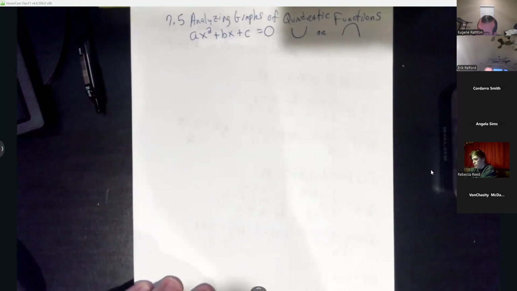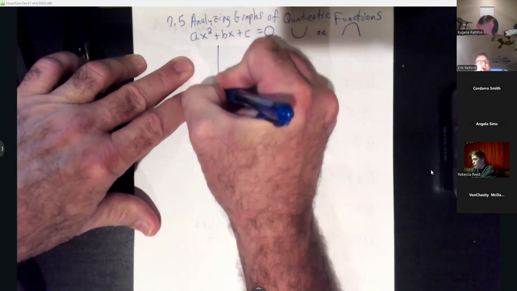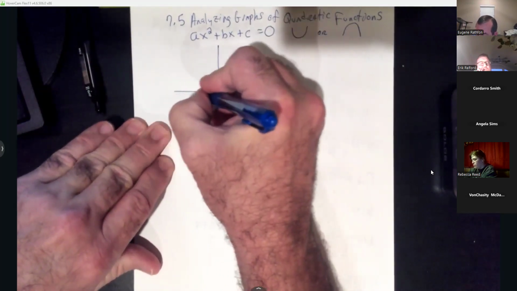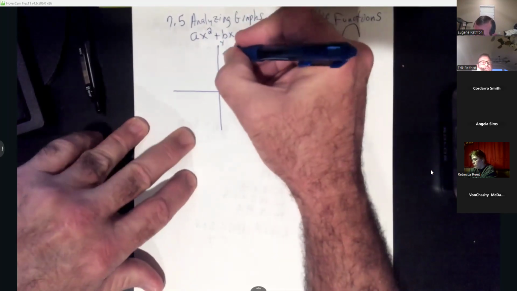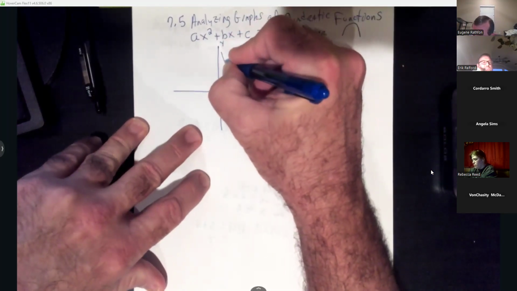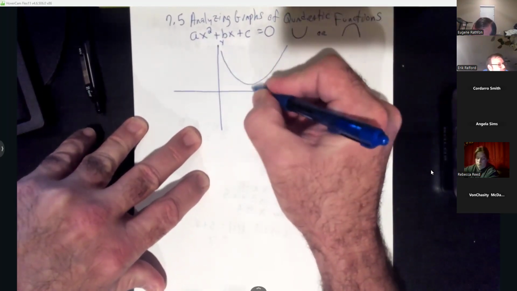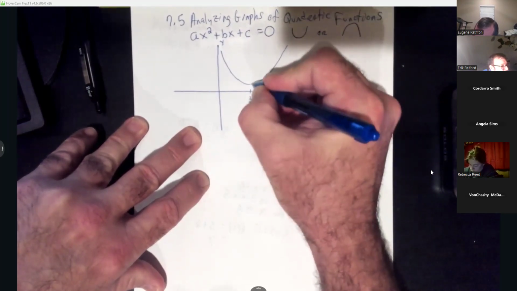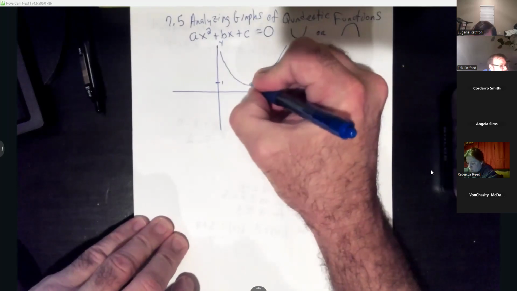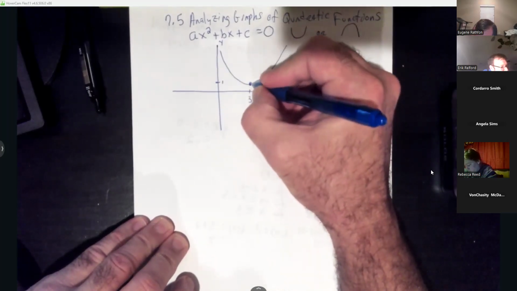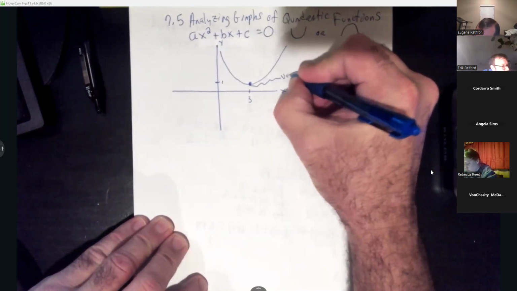Now, what we're going to be concerned with on these is what we call the vertex. So let me draw a little parabola real quick. Let's say mine is sitting over here at 3, and I'll have a y value of 1. So this little point right here is what we call the vertex.